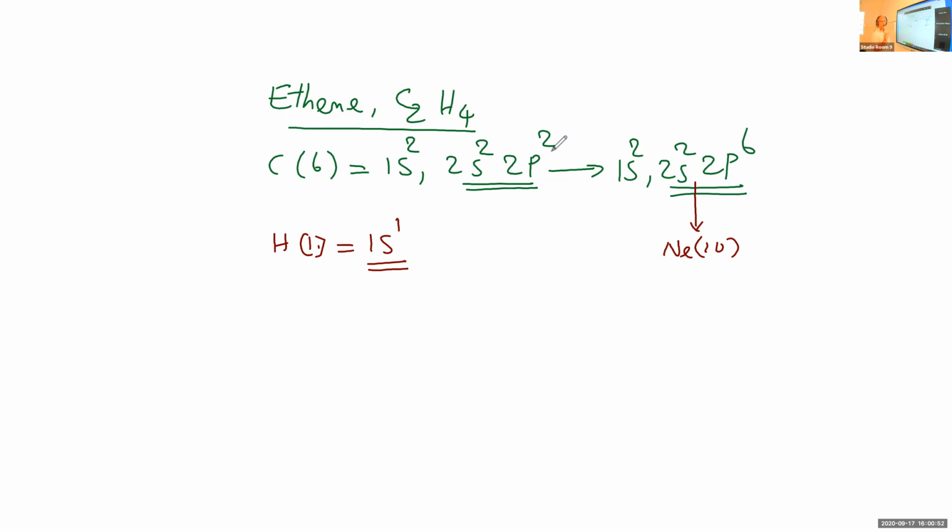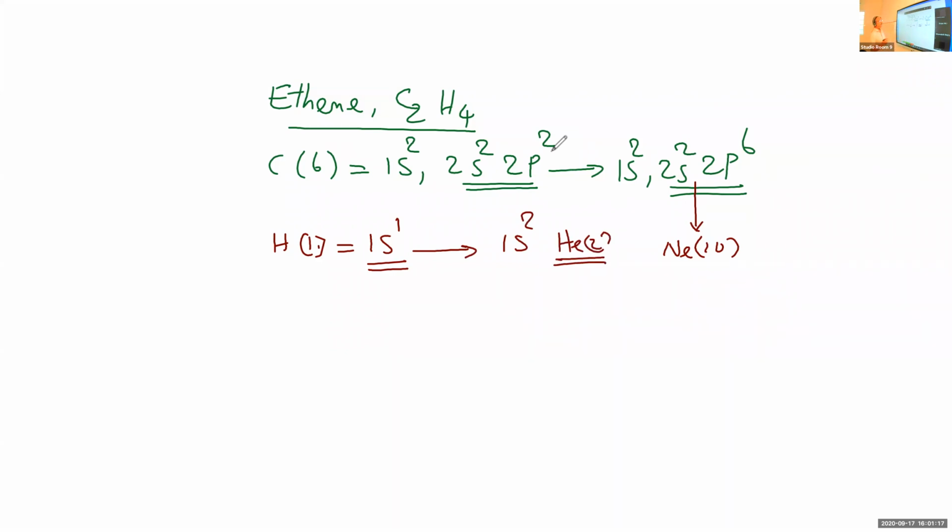So how many covalent bonds should be formed by hydrogen atom? Lydia? 1. Yes, 1. So the electronic structure will be changed to 1s2, and that is the configuration of helium, atomic number 2, helium.